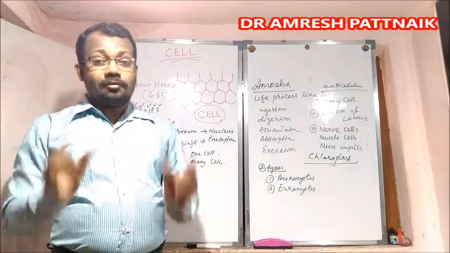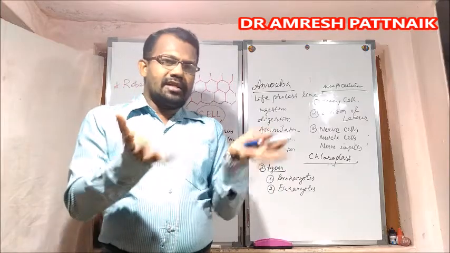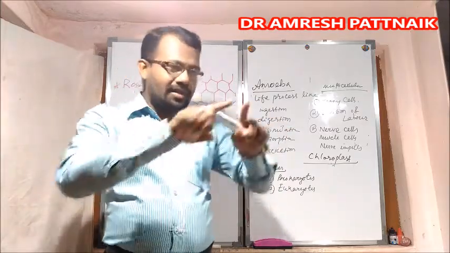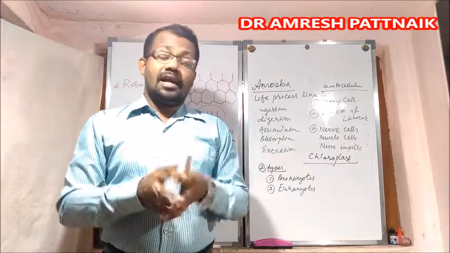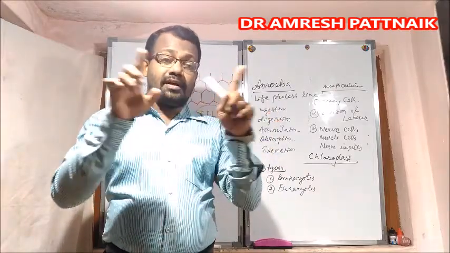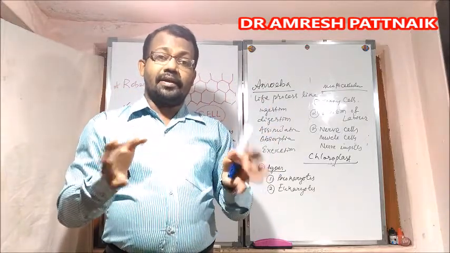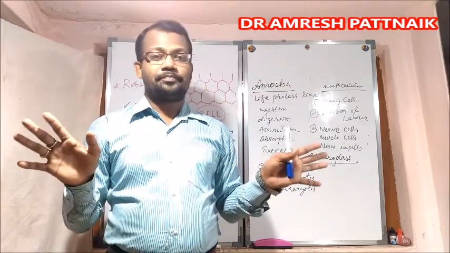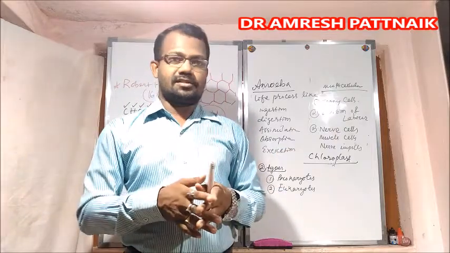The pro stands for primitive, first. When first of all the cells were formed, when the scientists came to know that this is the structure of a cell, these cells were very minute. They don't have any envelope covering a confined nucleus and its surroundings, or any organelles like that. These are a little bit functional, but not functional like the cells nowadays.